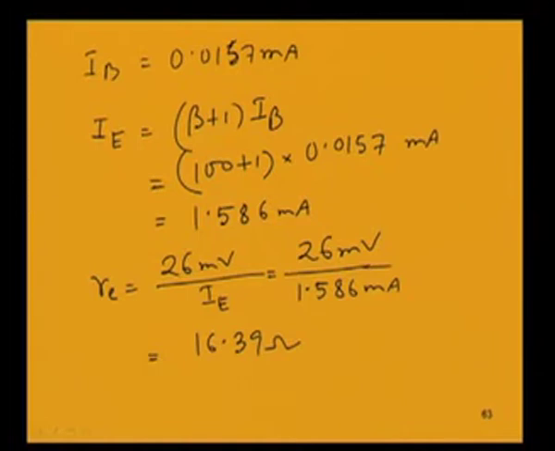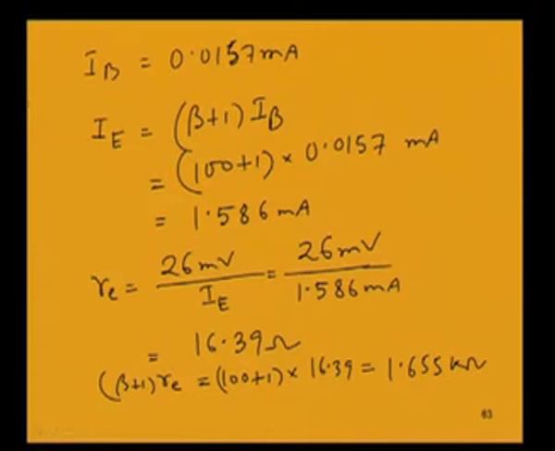So, beta plus 1 Re is equal to 100 plus 1, that is 101 into 16.39, and that comes to 1.655 kilo ohm. This is in ohm, but in kilo ohm we will be getting 1.655 kilo ohm.